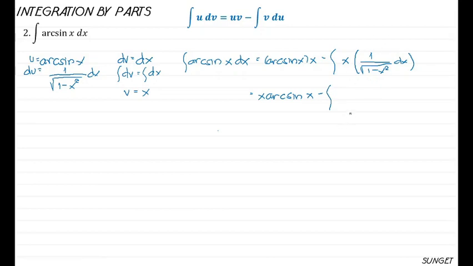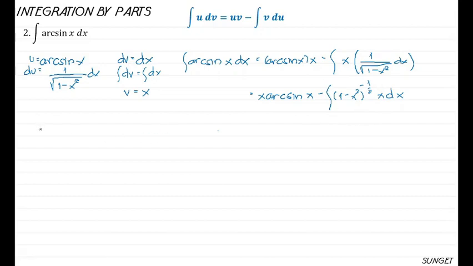1 over square root of 1 minus x squared into 1 minus x squared raised to negative 1 half times x dx. So the remaining part is integral of 1 minus x squared raised to negative 1 half times x dx. So it can be evaluated using the substitution method.